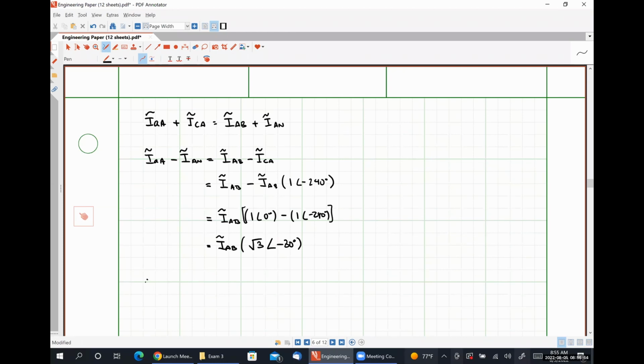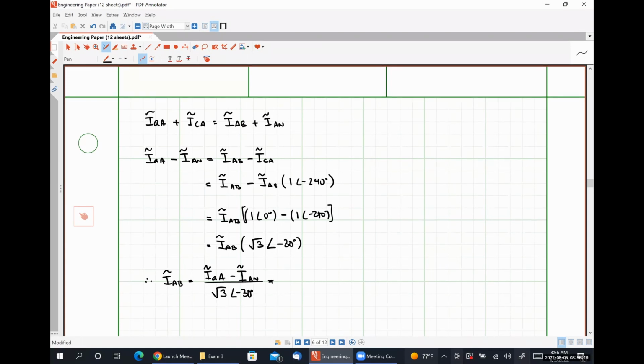So from this, using a little bit of algebra, we can see that IAB is simply IAA minus IAN over root 3 angle negative 30 degrees.